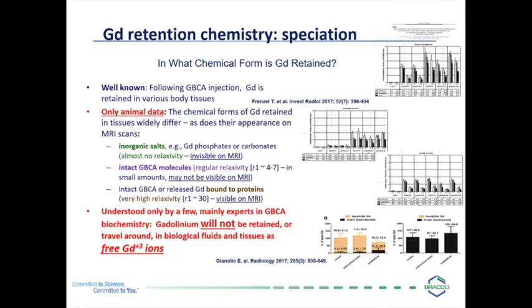In the study by Frenzel, gel permeation chromatography separation did not allow identification of the chemical nature of the macromolecule and whether it had bound the intact GBCA or the transmetallated gadolinium ion. However, it must be kept in mind that these macromolecular species have relaxivities which may generate a visible MRI signal enhancement at concentrations as low as 0.5 to 1 micromole of gadolinium per liter.